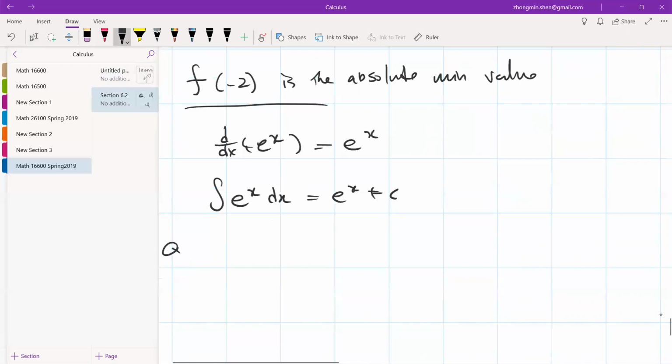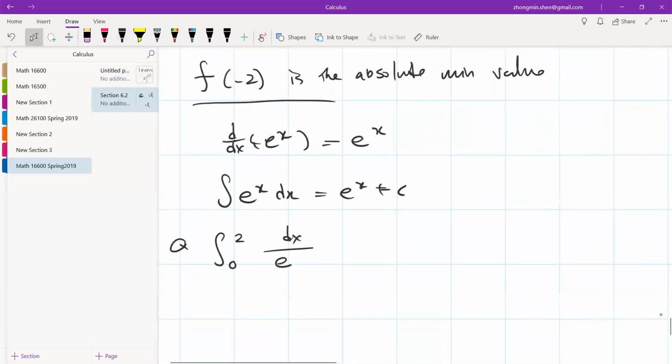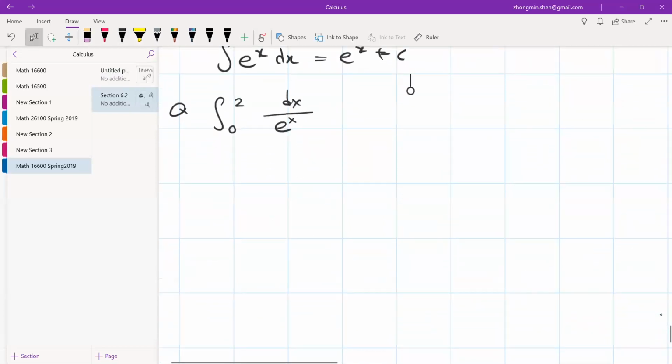For example, the integral from 0 to 2 of 1 over e to the x.